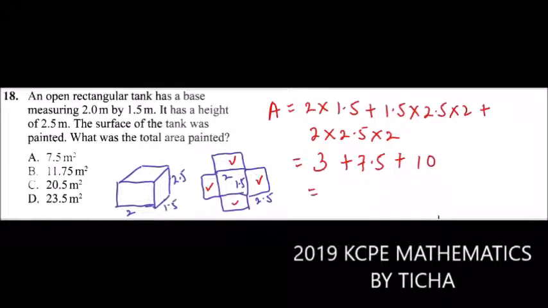So this means it is equal to 20.5 meters squared. So that is the area that was painted. It is important, maybe if you don't understand the question, making a sketch really helps you to get what is being required of you to work out.